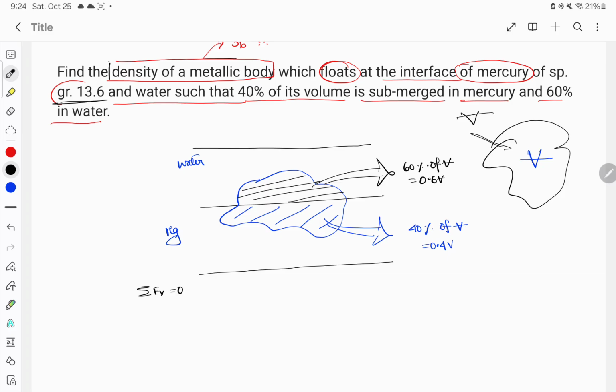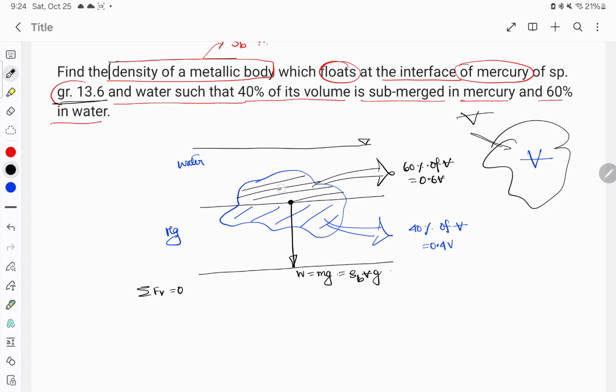If it's a solid body, it will be acted upon by its weight, which is m into g, which is rho of body into V into g, since mass is equal to volume into density. Since it is the weight of the body, it will be the density of the body here.